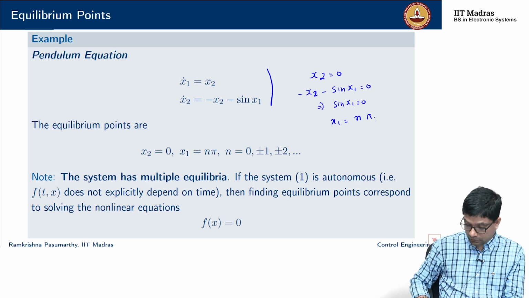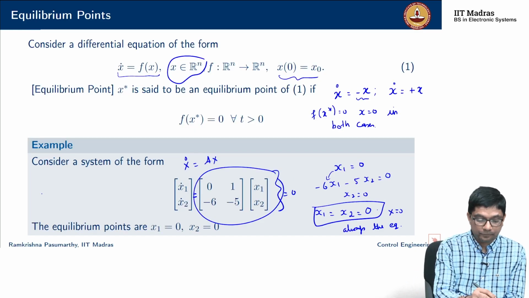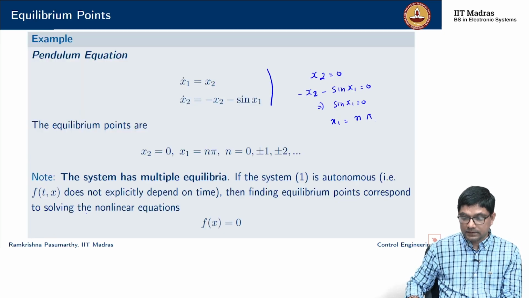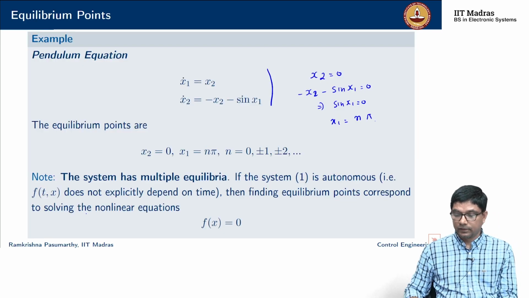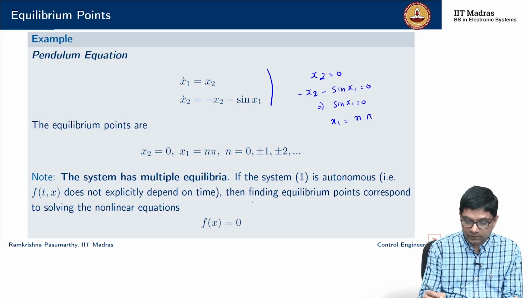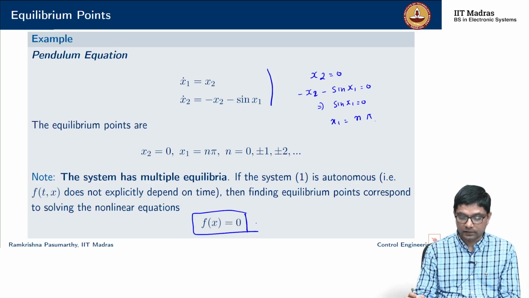Now, the contrast here is that the previous system had only one equilibrium, just the origin 0 comma 0. This system has multiple equilibria. So, if the system is autonomous, I am looking at solutions of f of x equal to 0.